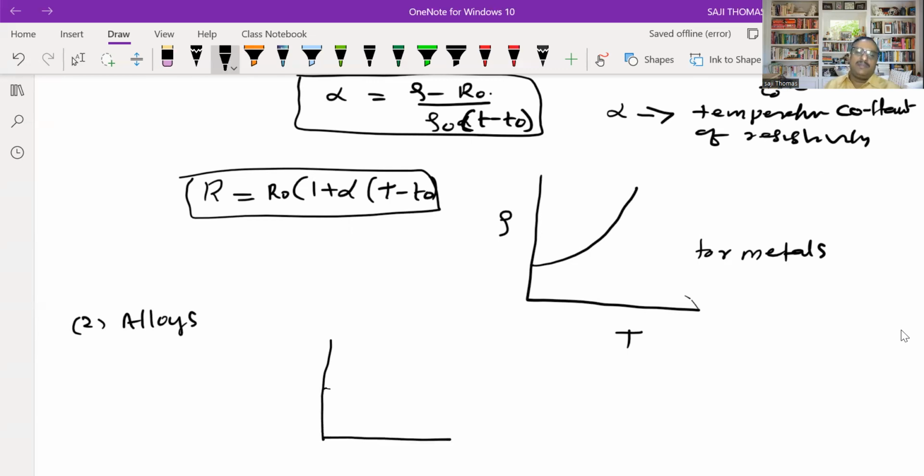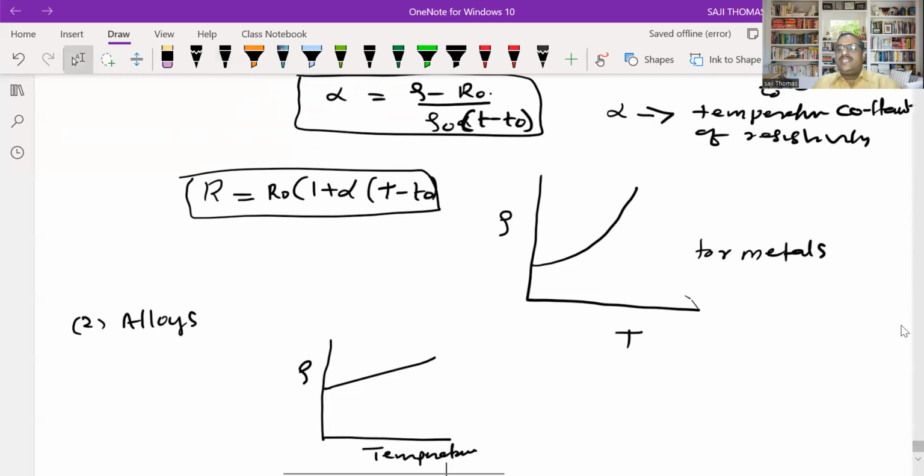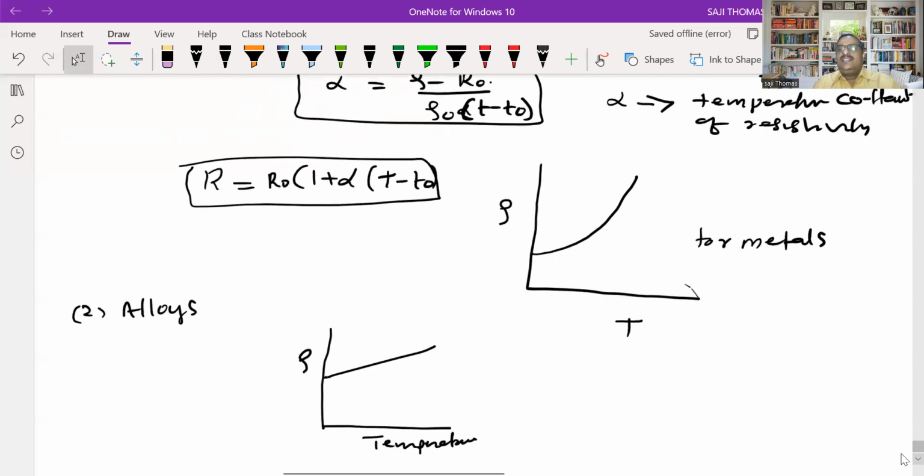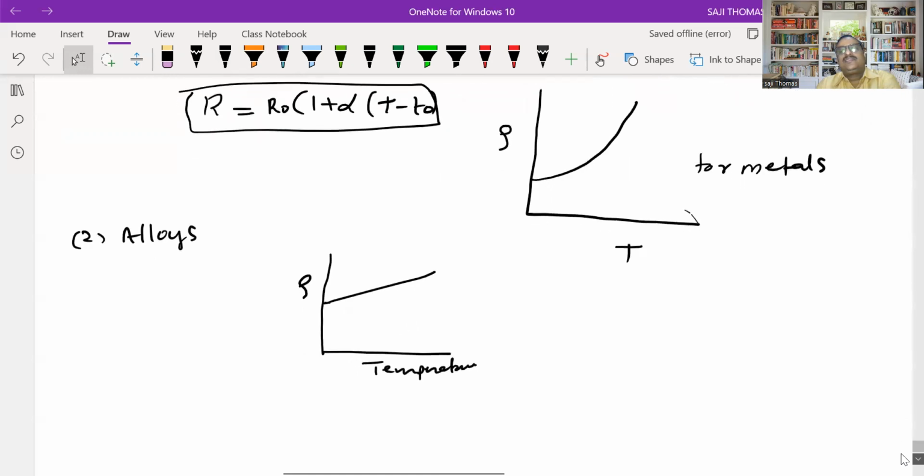It increases only by a small amount. So for alloys, there is no appreciable change in resistivity with increase of temperature. This is the reason why we use alloys for making standard resistors and coils of heating appliances.